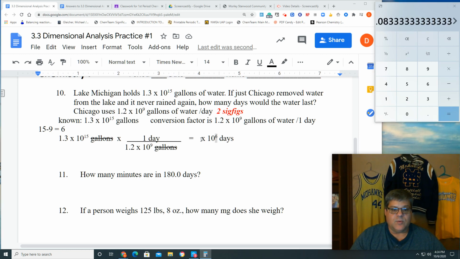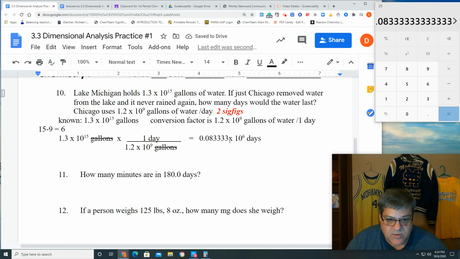Okay, so we ended up with 0.083333. Okay, and it's repeating 3, but we don't need more of that because we need it in 2 significant figures. So the first thing that I'm going to do is I'm going to round this number right here to 2 significant figures.